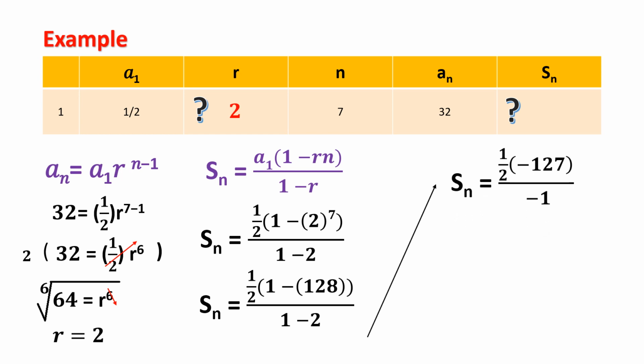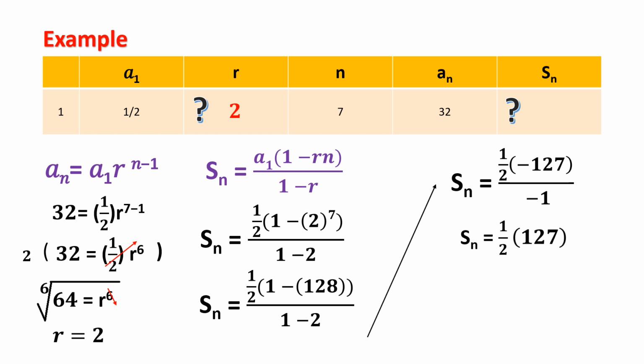So in here, 1 minus 128 is negative 127, and 1 minus 2 is negative 1. Negative 127 divided by negative 1, the signs will cancel out and it turns positive.